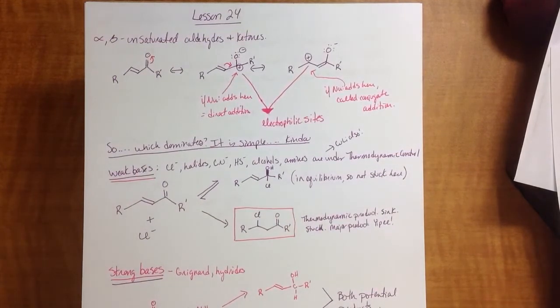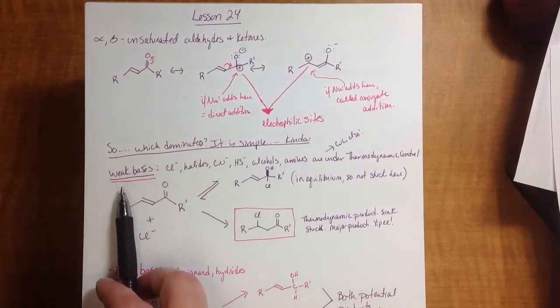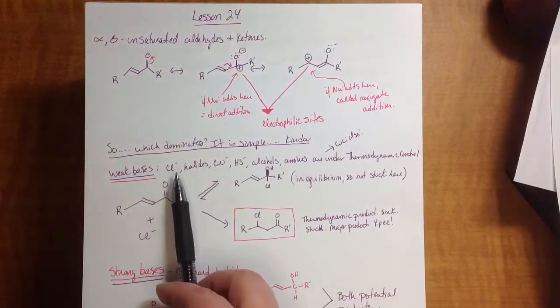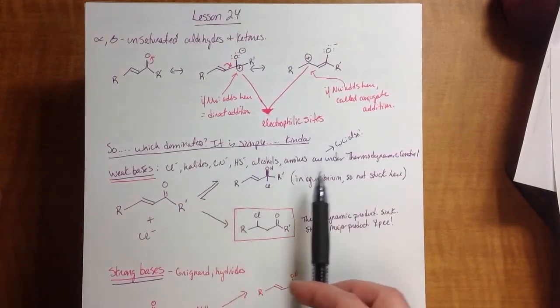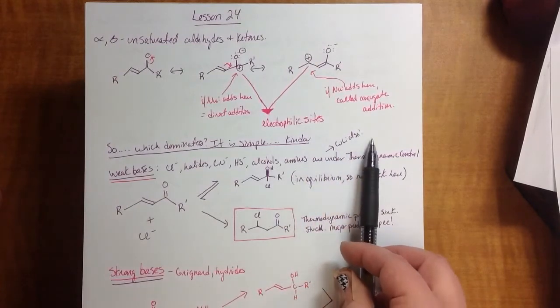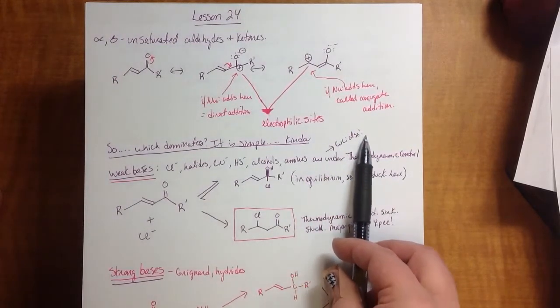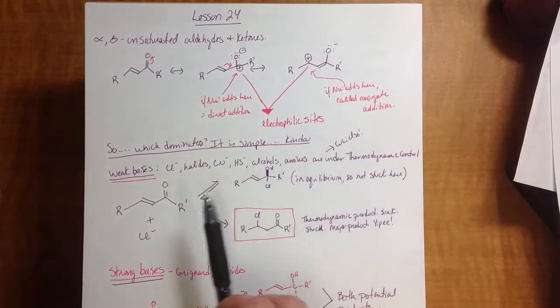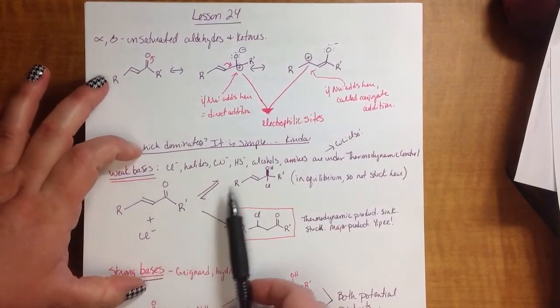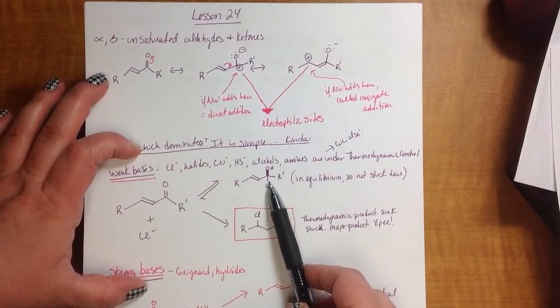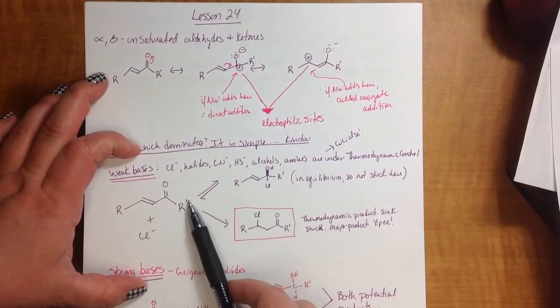So we have to figure out what's going to happen and who's going to go where. It's kind of simple in a way. If you have a weak base, so there's a whole list here: fluoride, halides, CN-, HS-, alcohols, amines, and even your favorite organocuprate, then what ends up happening is you get the direct addition, and this is in equilibrium.